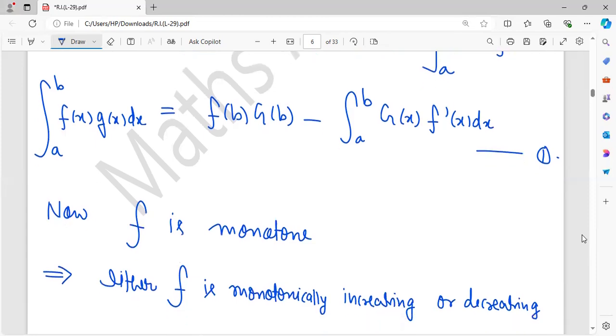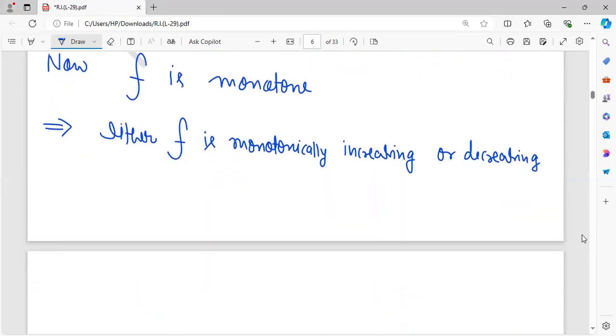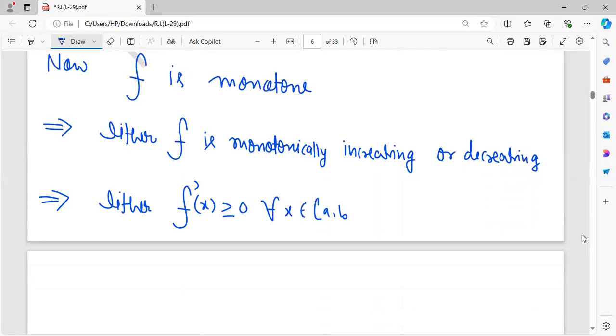So this implies, once a function is differentiable, if the function is monotonically increasing, then its derivative is non-negative, and if it is monotonically decreasing and the derivative exists, then the derivative will be non-positive.